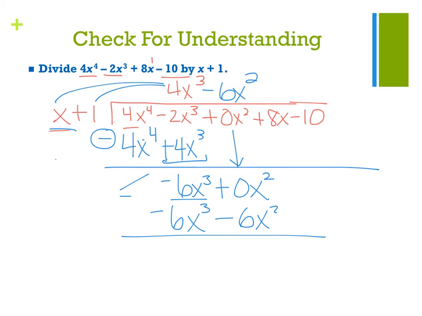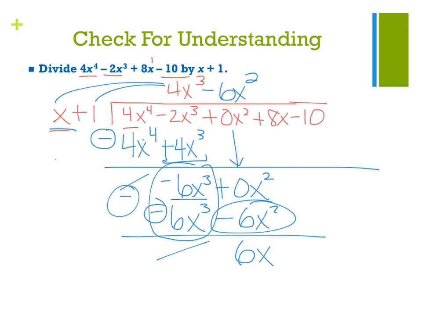Subtract. And when I subtract these columns, because I have a double negative here, that's going to be adding instead of subtracting. So negative 6x cubed minus a negative 6x cubed gives me 0. Here, 0x squared minus a negative 6x squared is positive 6x squared. Again, because a minus a negative gives me a positive.